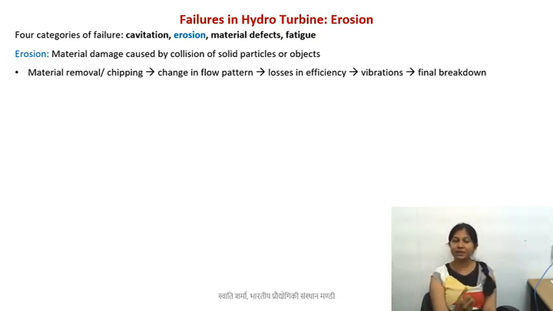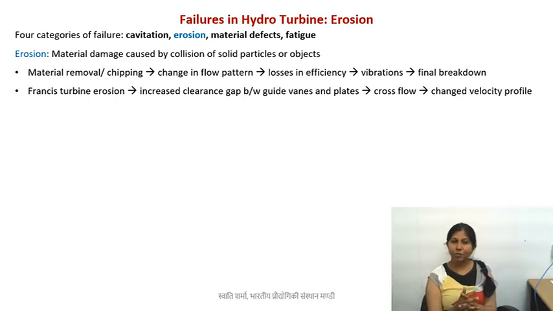So basically it is material removal or chipping, which can then change the flow pattern of the water. And when the flow pattern is changed, you will have an overall loss of efficiency. You can also have vibrations and oscillations of the entire system, and that might create additional damage to the system. So ultimately, erosion can lead to the final breakdown of the turbine system.